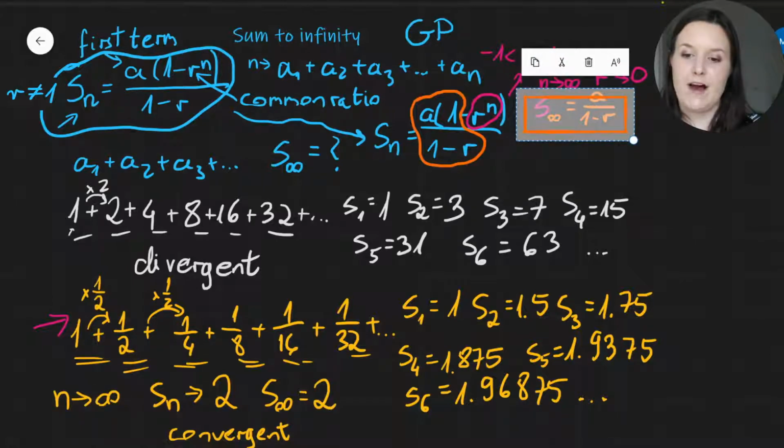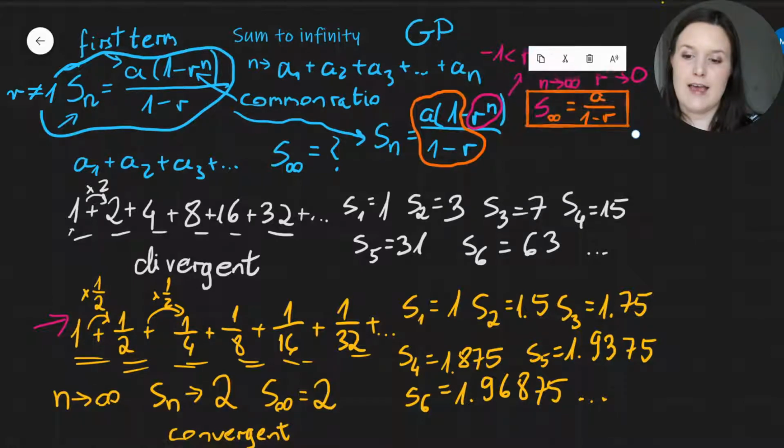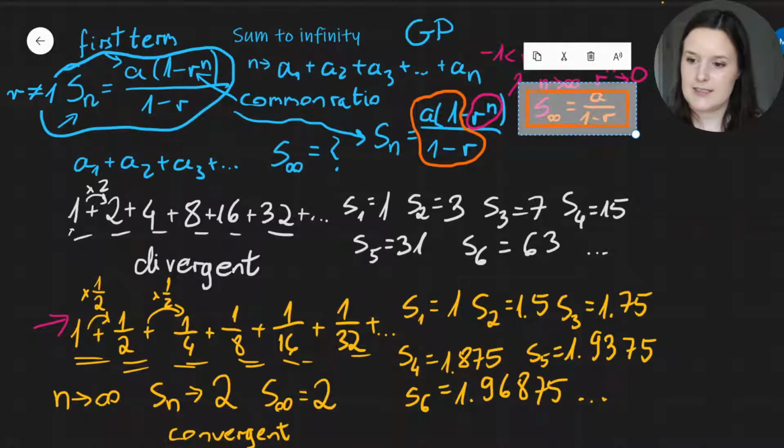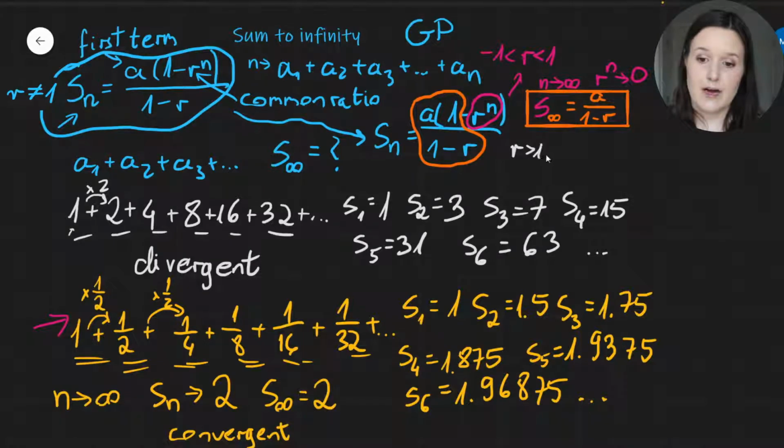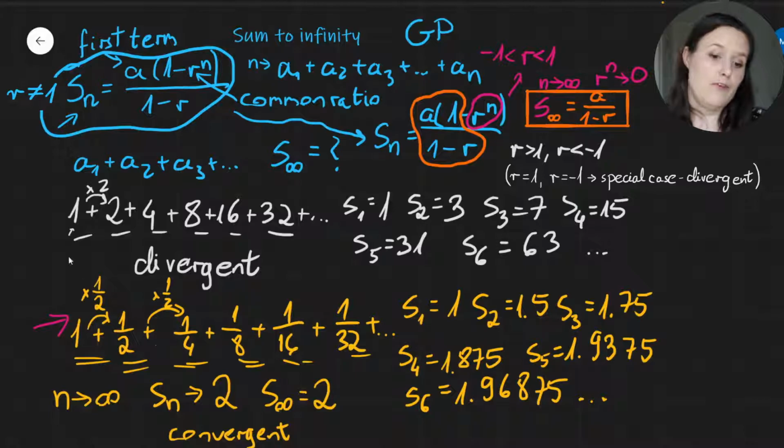But if r is bigger than 1 or smaller than minus 1, then, for example, in the white one, when r was 2, r to the power of n will get bigger and bigger.